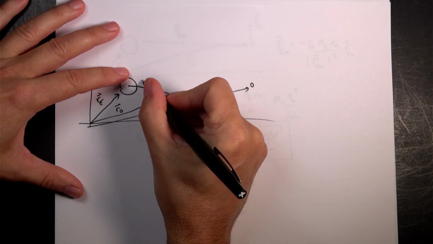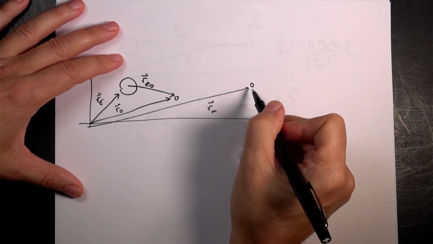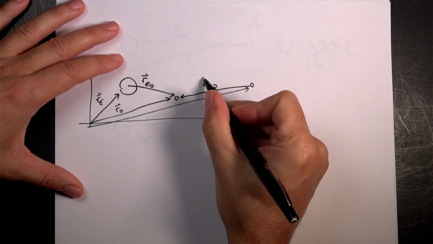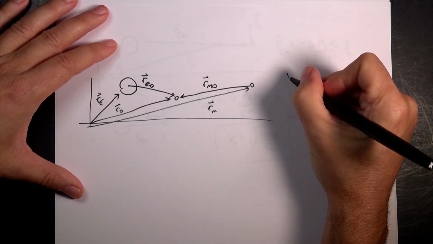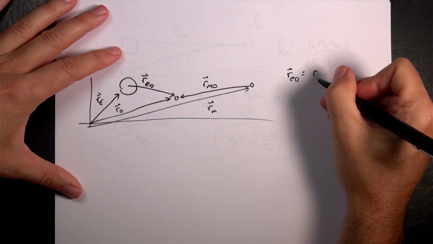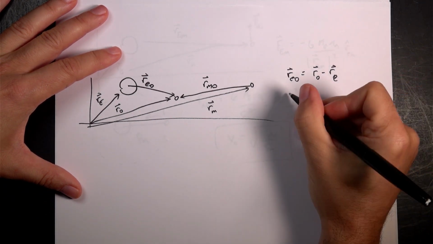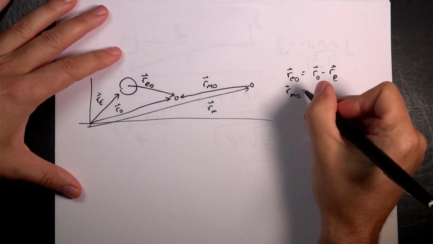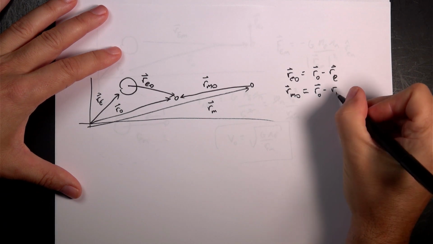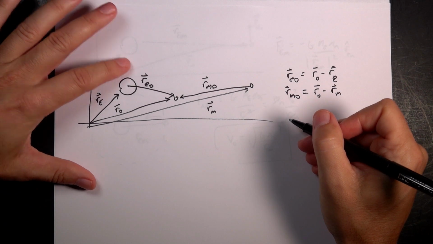I'll call this REO, Earth to Orion, and this will be RMO, Moon to Orion. So REO is RO minus RE. RMO is RO minus RM. And then I can calculate the two forces.